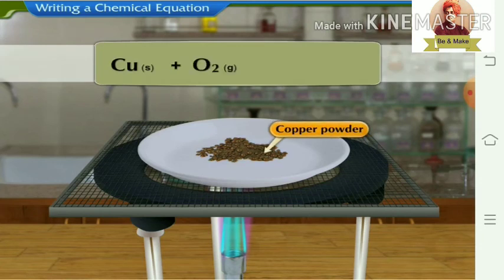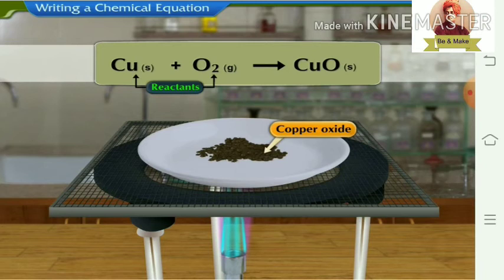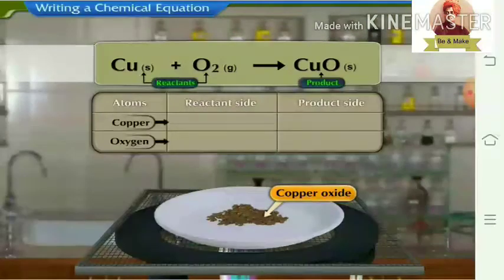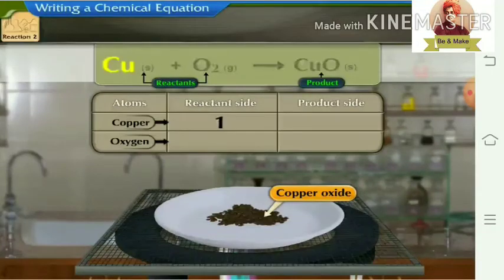Another example: copper powder kept open in an evaporating dish reacts with oxygen and gets converted into copper oxide, that is Cu2O. Which are the reactants?